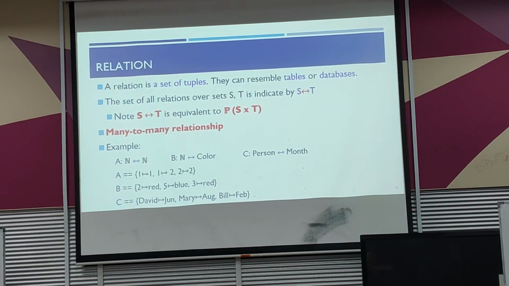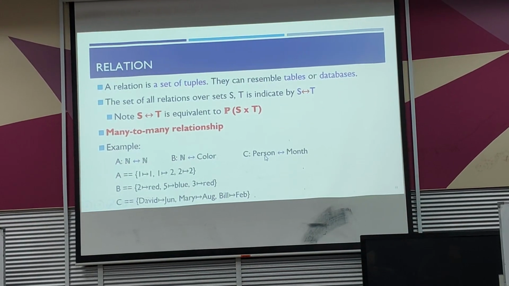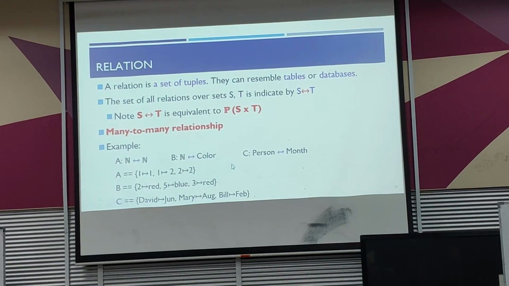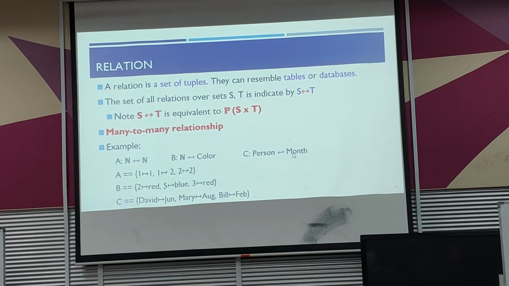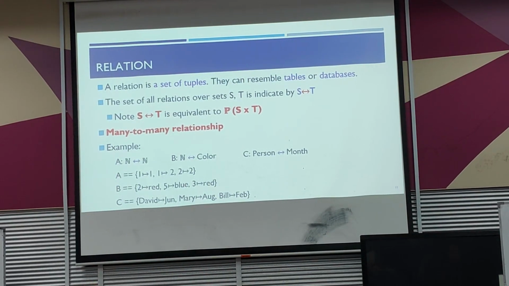In this case, for example, person to month. Maybe here you can have, for example, appointments. One person makes an appointment with the dentist in June and December.